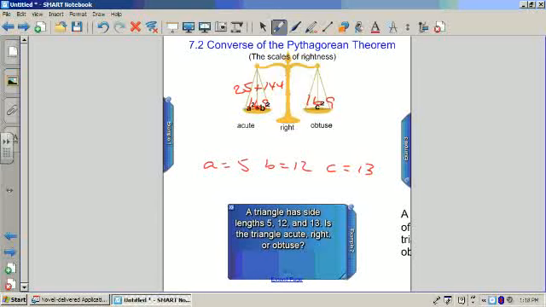The scales don't tip right or left. They stay equal, so this must be a right triangle. Hopefully you already recognize the fact that a 5, 12, 13 triangle is a right triangle.